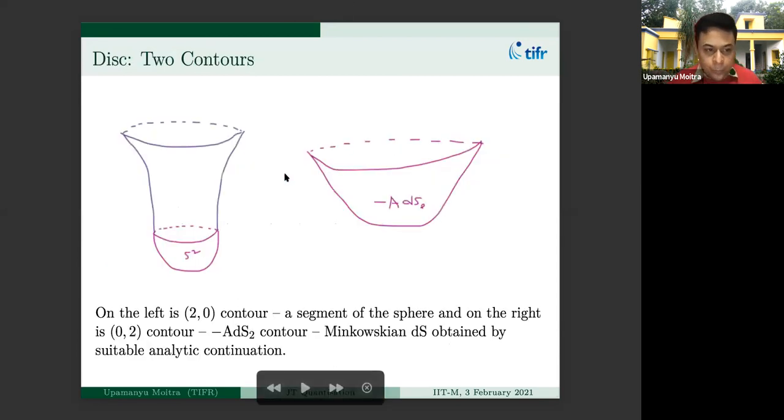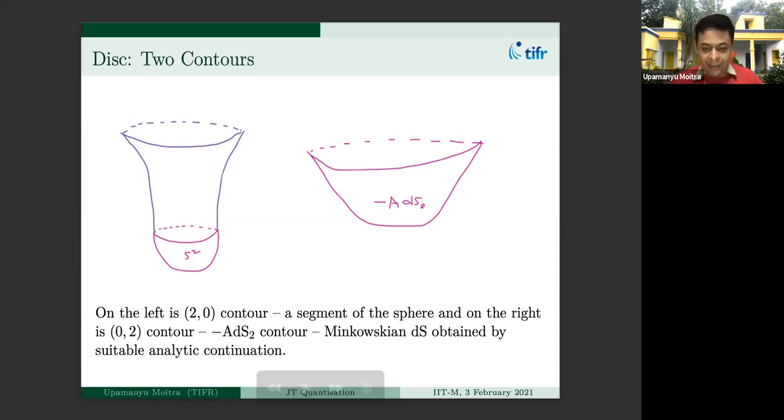So this is what we call the de Sitter disk, and there are two contours. One is, for example, just the Euclidean sphere, our good old friend, and we cut it and paste it to Minkowskian de Sitter, and we evaluate the wave function for large values of the size of the universe. This is what we call the (2,0) contour, which is the segment of the sphere joined to Minkowski de Sitter.